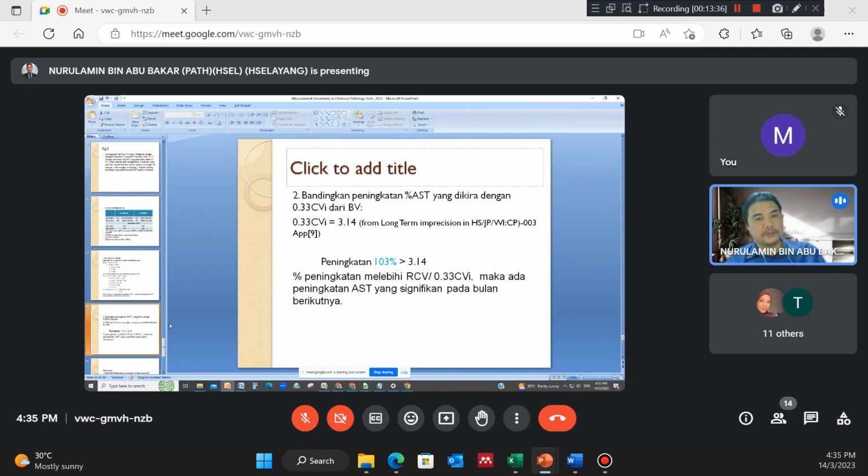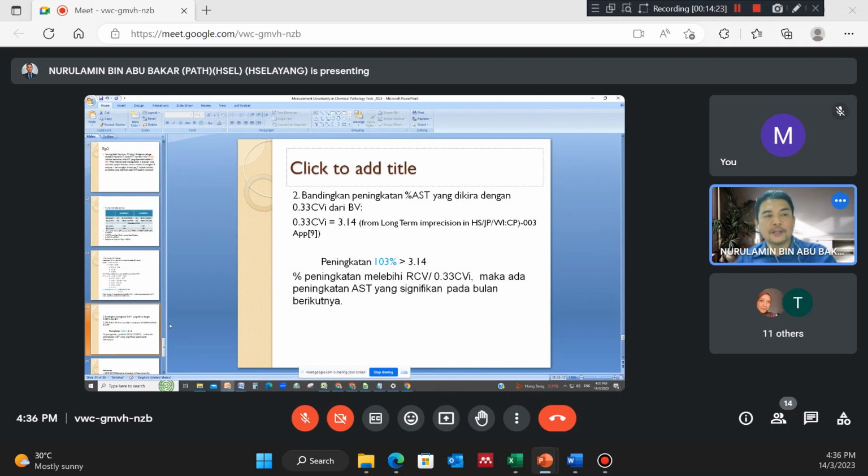In Selayang, our quality spec table has a column in Excel stating the long-term CV, which is the factor of 0.33 multiplied by the CVI that we get from EFLM. So this is also one of the parameters if you want to simply judge the RCV.